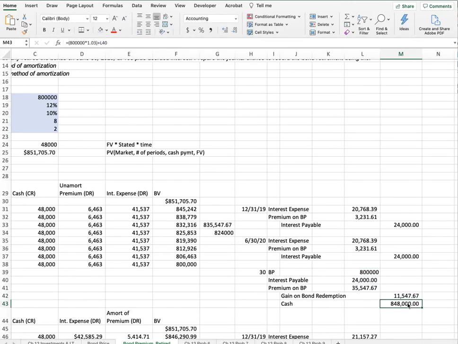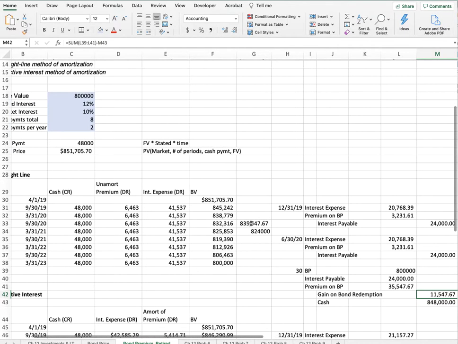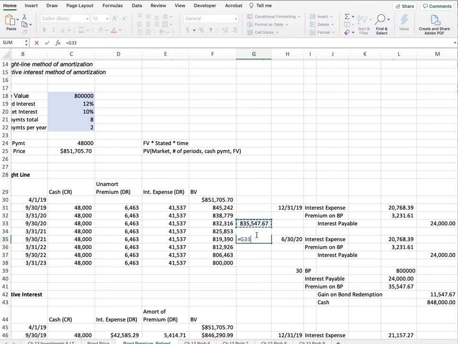So we could calculate the difference and we get that 11,547.67, or like I was saying over here when I was just trying to determine if it was going to be a gain or a loss for the purpose of which account we were going to use. We know the book value is $835 and the sale price was $824, so we can subtract those from one another and calculate that same gain that we just calculated here. I'm gonna erase these numbers because, well, it's kind of making it look a little messy.